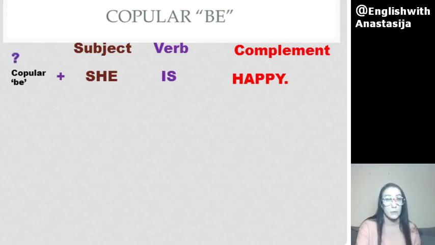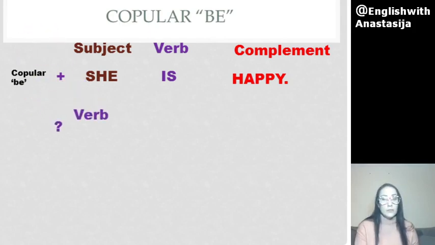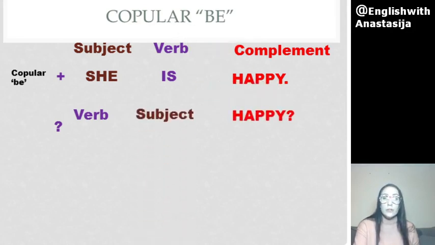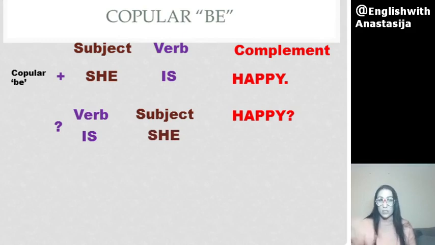So in the question, you would start with the verb to be, and it will be followed by a subject. For example, she is happy would become is she happy? And that's how it works. The inversion formula works by inverting the subject and the verb.